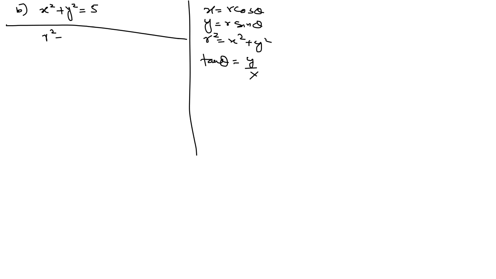So this becomes r square is equal to 5. So I can write r is equal to plus minus square root of 5, right? So r is equal to square root of 5. Why? Because r should be greater than 0. We have the condition for r that r must be greater than 0. So that's why we don't take minus. So this is the equation in polar coordinates.